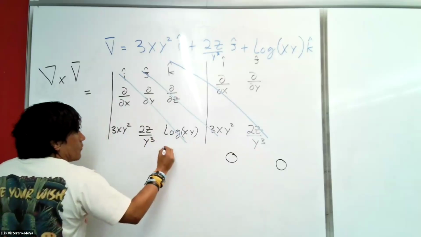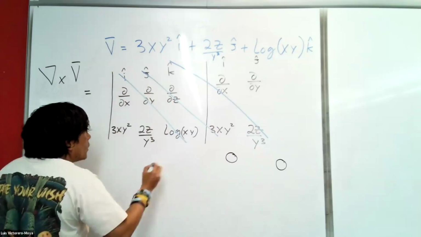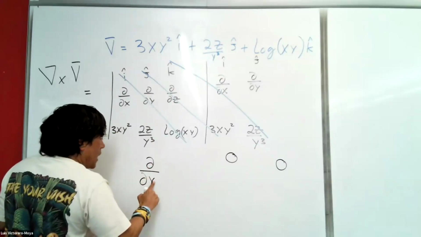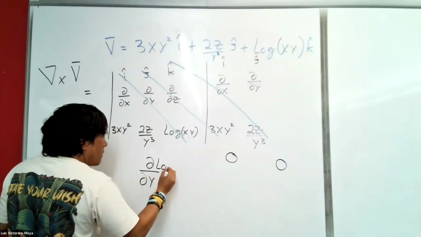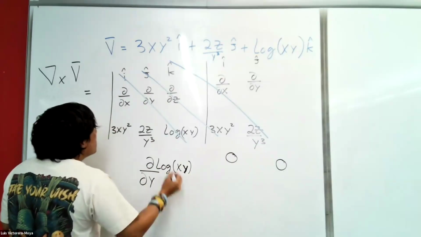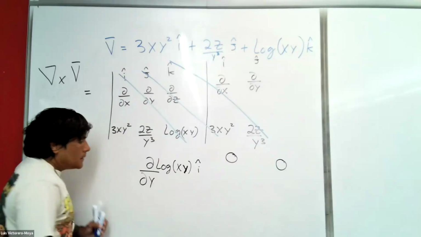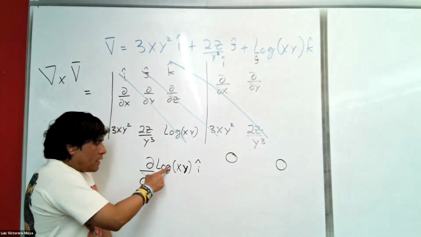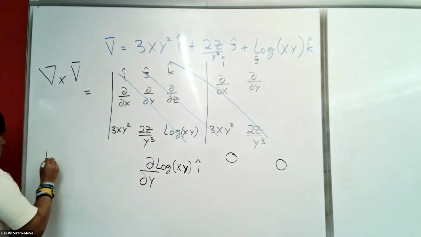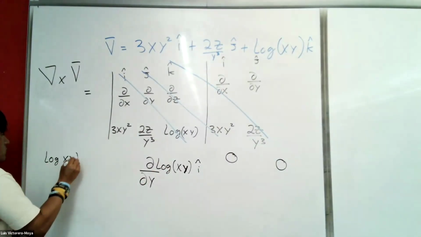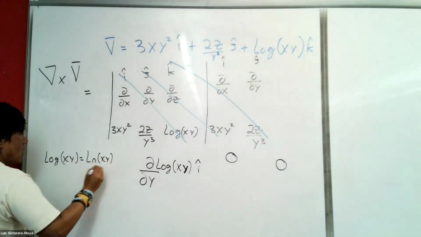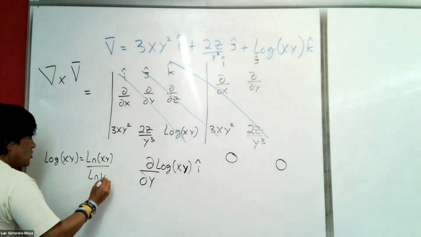Now here, in this diagonal, we have the derivative with respect to Y of the log of XY in the I. So how do you find the derivative of the log? Remember that log of xy you can say is natural log of xy over natural log of 10. That's what we call change of base.